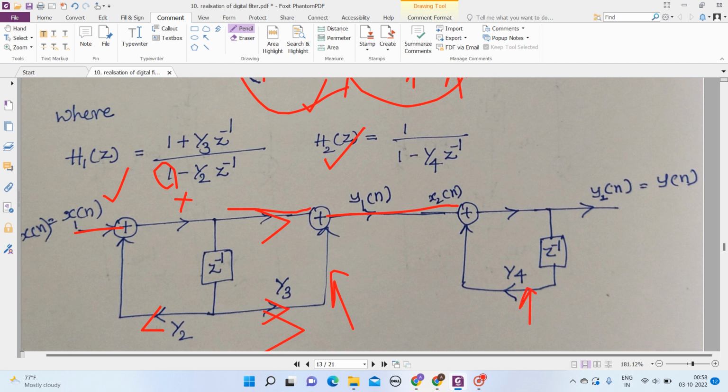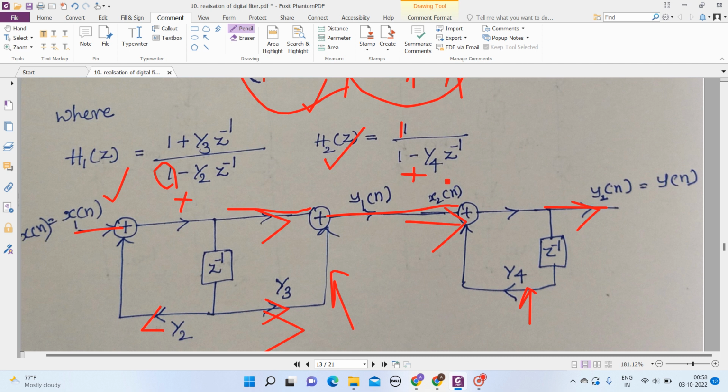This is my h2 of z structure. This is my x2 of n. I have to change this sign to plus, so plus 1 by 4 w1 of n minus 1, that is z inverse. Here I have only 1, so this is my output.